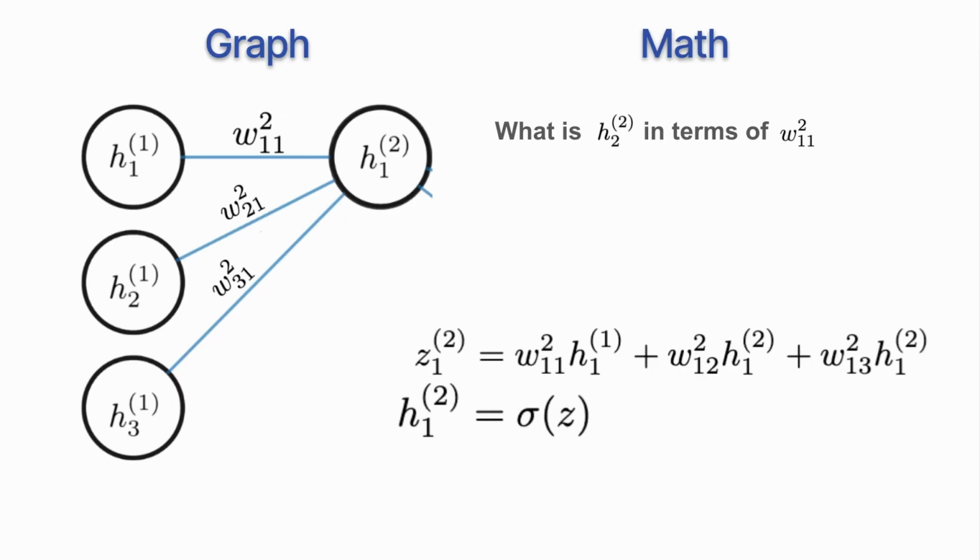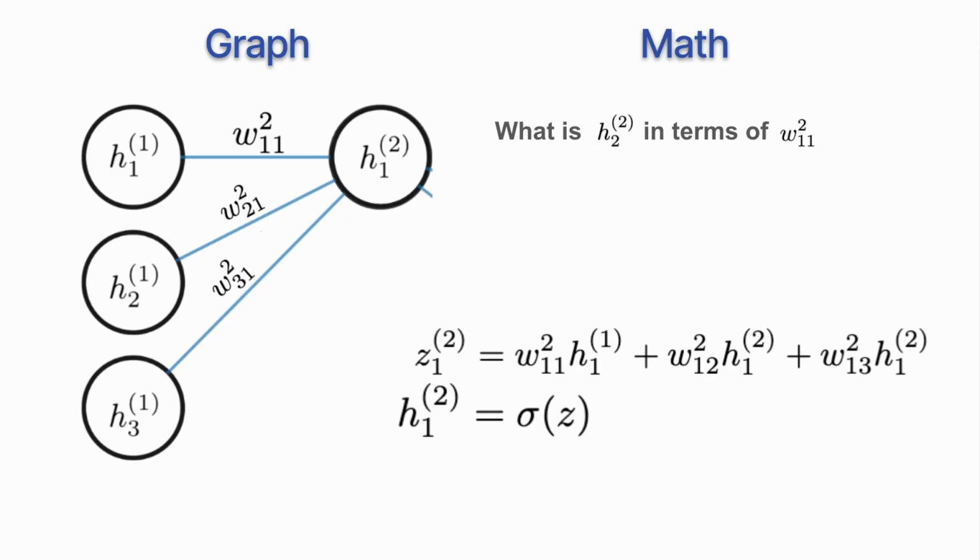I flipped the indices. Main point is weighted sum, activation function. And then from here, how would you quantify the change in H2 of 1 as the weight 2 of 11 changes? How would you write that out?